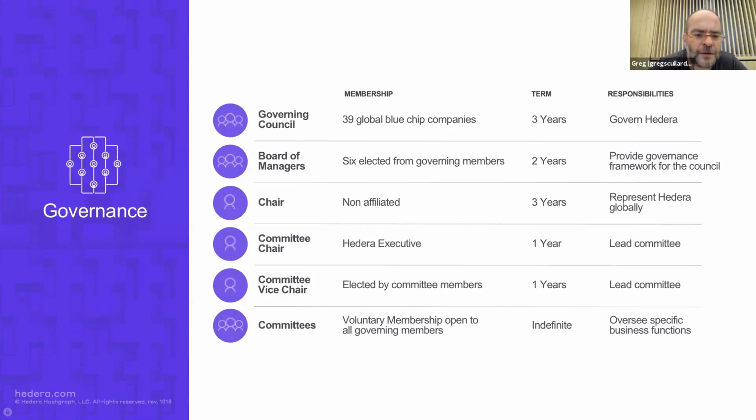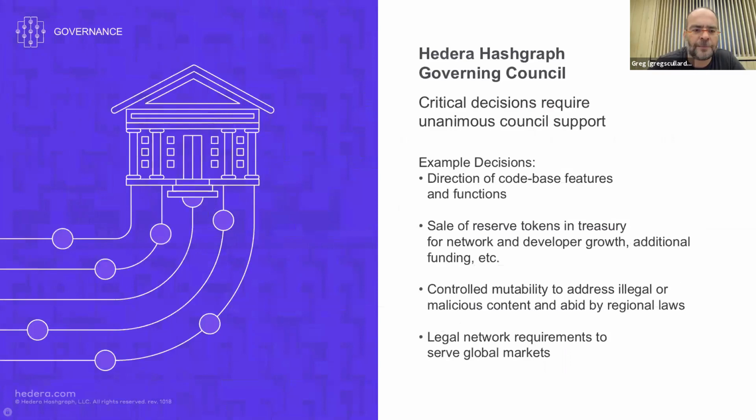So you can see here that the committee chair, for example, will be renewed every year. The vice chair will be renewed every year, and so on and so forth. So plenty of movement in order to ensure that power can't be centralized over any given period of time.